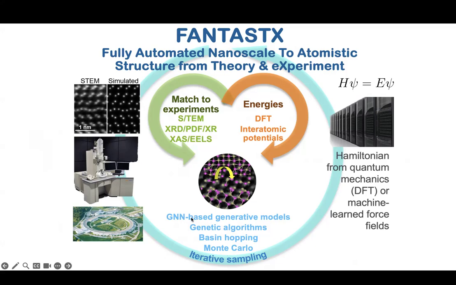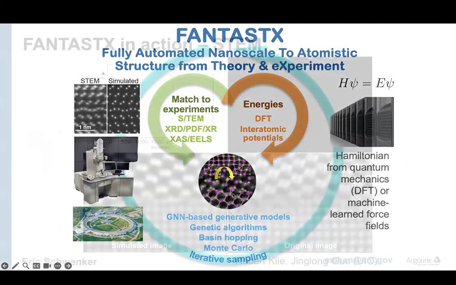But we're also working on graph neural network based generative models, which we're hoping will increase the understanding as well as the speed of the search. But of course, one challenge is that these generative models, as you saw in the last talk, require a very large data set. And in the case of trying to accelerate a task, that works against you.